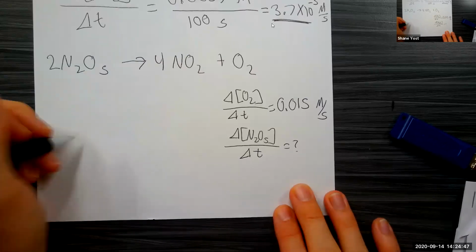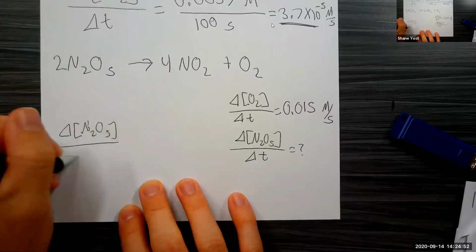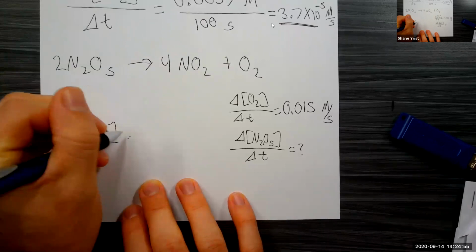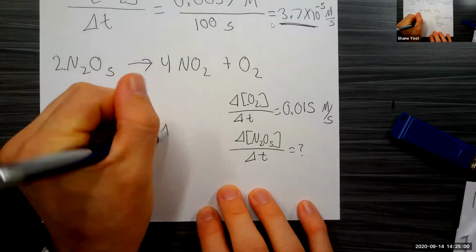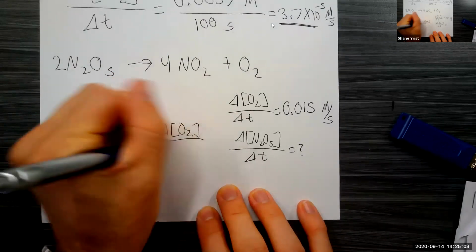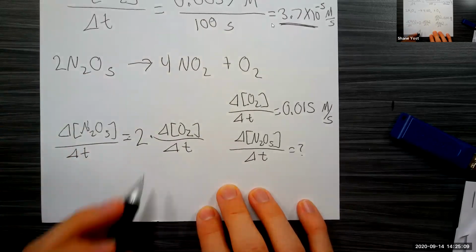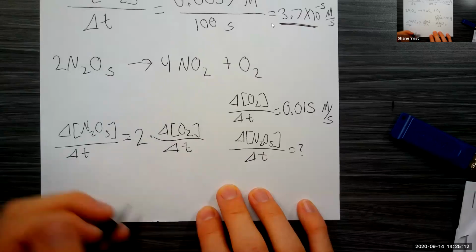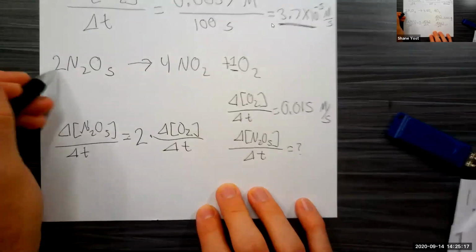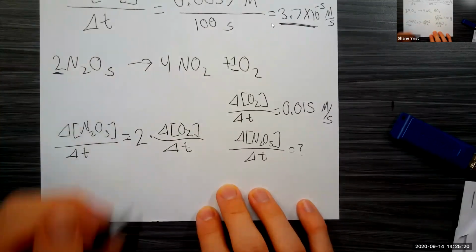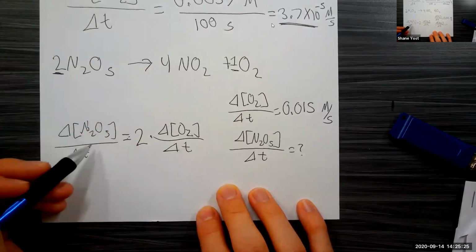So the change in concentration of N2O5 over change in time is equal to 2 times the change in concentration of O2 over change in time. So it's 2 times that, which gives me the 0.03. And it's 2 times because I have the stoichiometric coefficients of 1 versus 2. Every one of these that I gain, I lose 2 of these N2O5s.